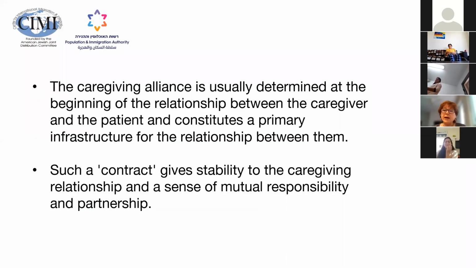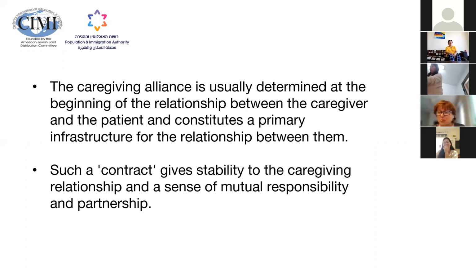The caregiving alliance is usually determined at the beginning of a relationship between the caregiver and the patient and constitutes the primary infrastructure of the relationship between them. I just want to tell you, we all know that first impressions are very important. So, smile a lot, be nice, charm. You've been there before. Use your charm, right?